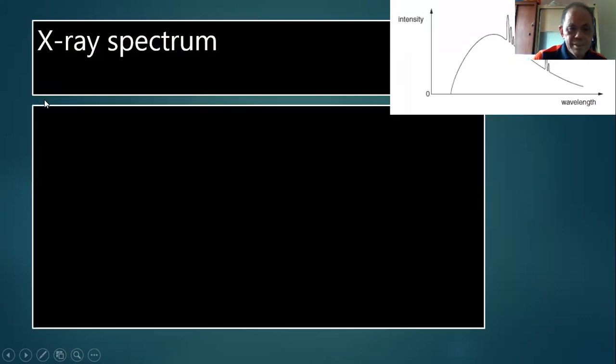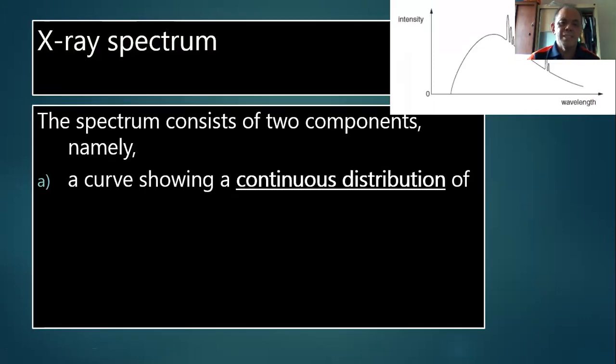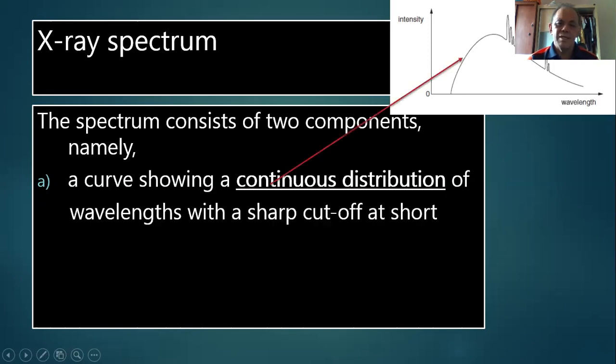X-ray spectrum consists of two components. A curve showing continuous distribution. That's a curve, continuous distribution. That means all these wavelengths from the smallest to the largest. That's a distribution. And there's a sharp cut-off at short wavelength.